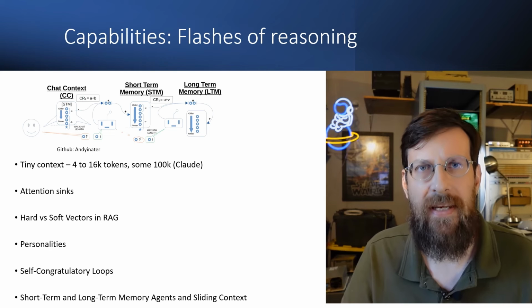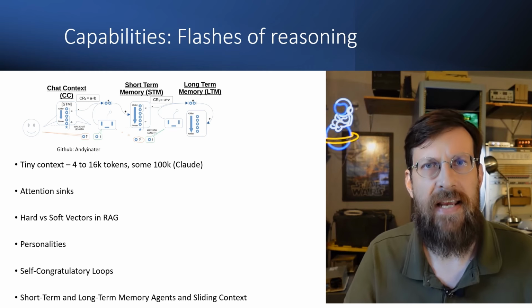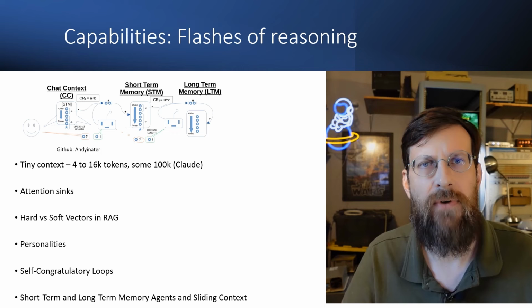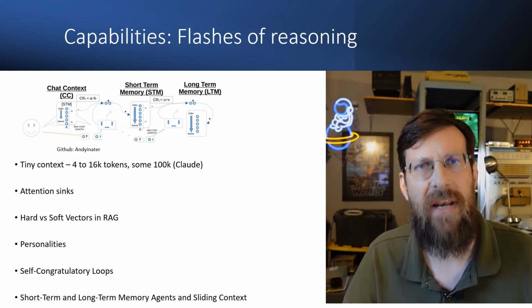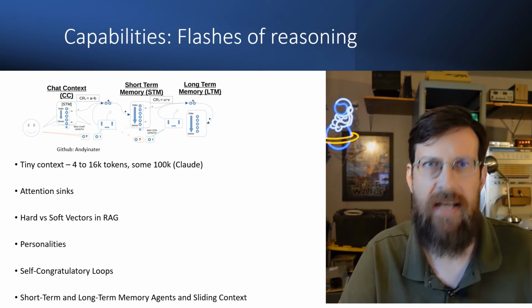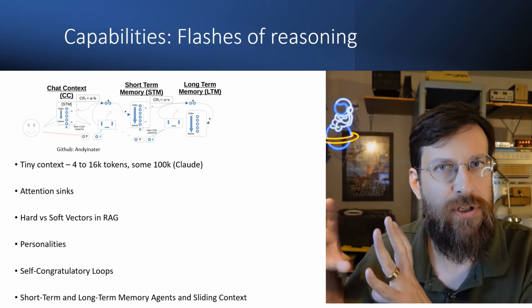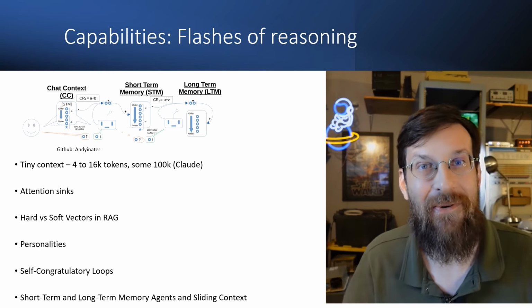So the capabilities at this point with these large language models, where are we really? It's like a flash of reasoning, which isn't totally fair because it does iterate. That's the whole point of these things, but it's one prompt, one set of context, the input context, and then it produces the output tokens. Everything's measured in tokens.